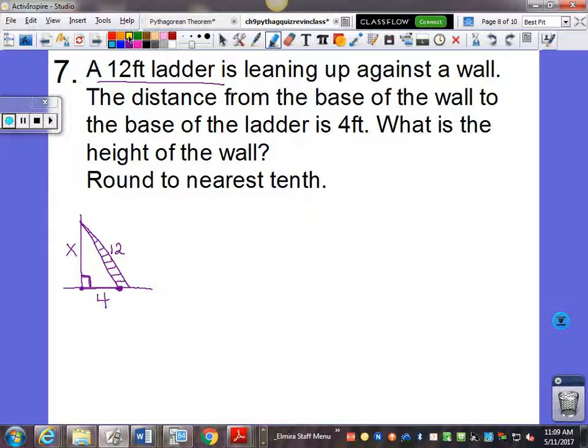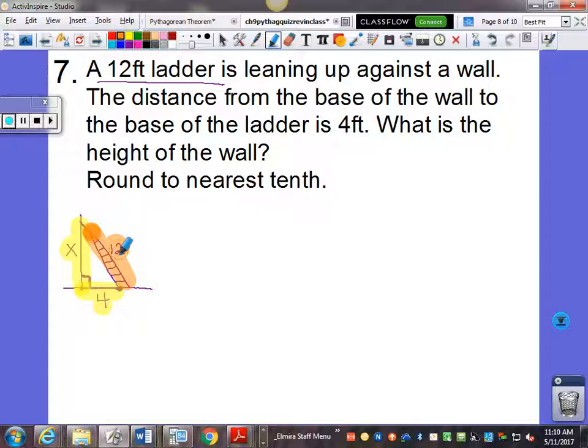So now we'll go back to our color coding. And we have this side with the right angle, and this side coming out of the right angle, and our color, let's use orange, that's 12.